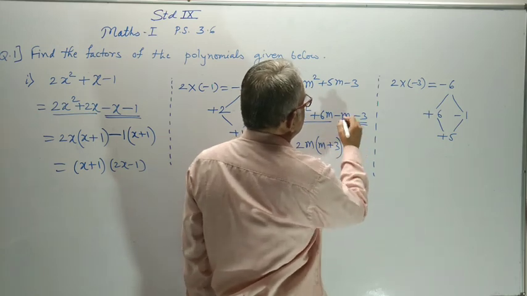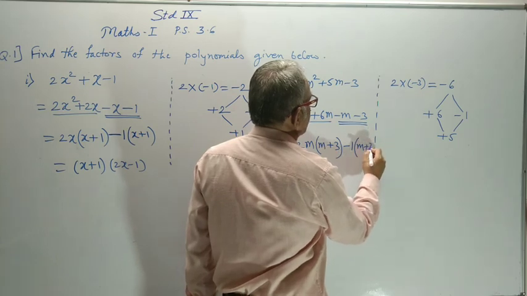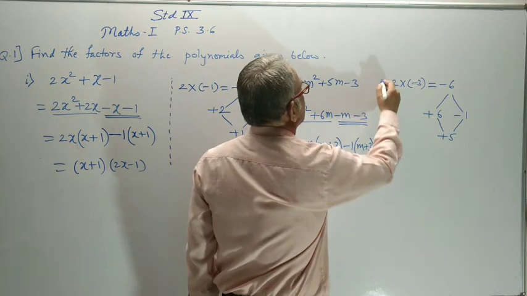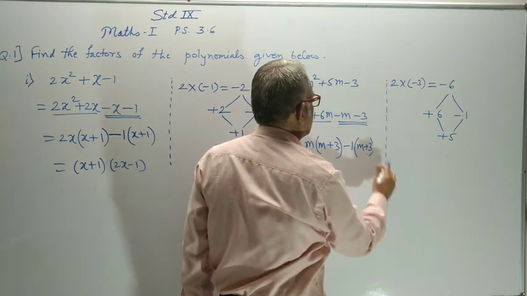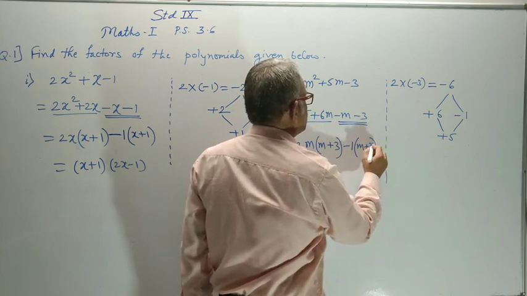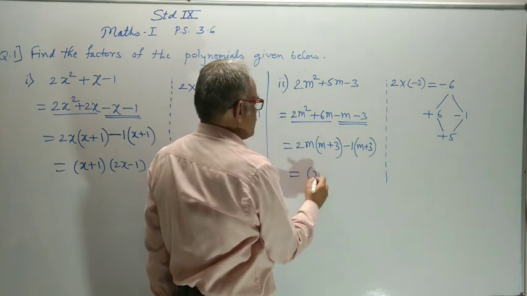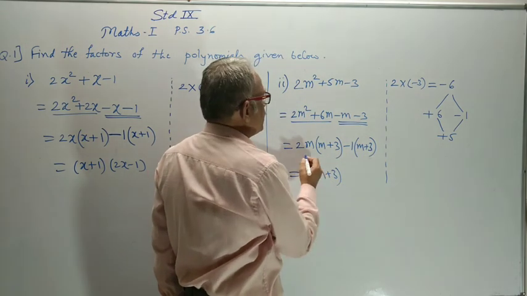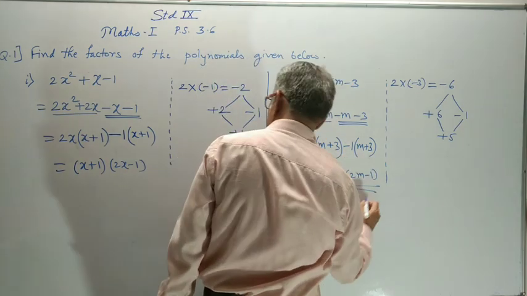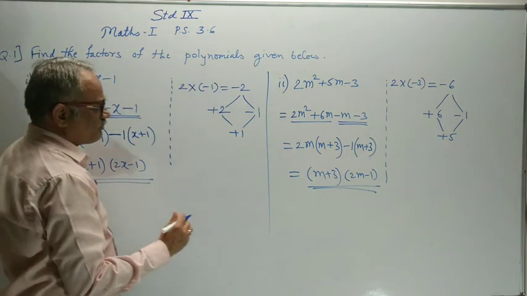When minus 1 is common, only sign changes. Now if we neatly observe, m plus 3 is the common factor, the common bracket is one of the factors, and 2m minus 1 is the second factor. This is the answer. So neatly observe both the questions.